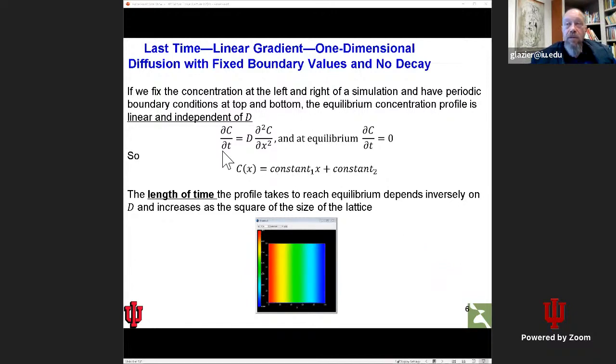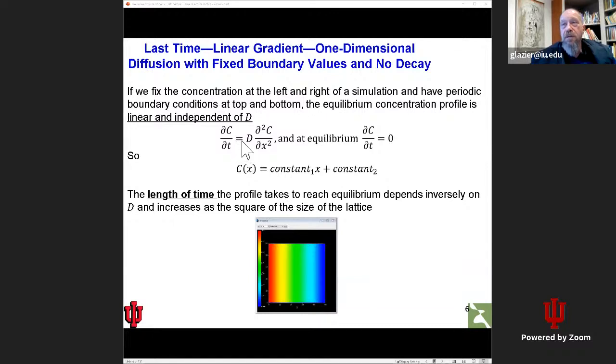And so if we start out with the diffusion equation, this is in one dimension. The derivative of the concentration with respect to time is D times the second derivative of the concentration with respect to the spatial coordinate, x. If we want to be at equilibrium, that means there are no time changes, so dc/dt is 0.